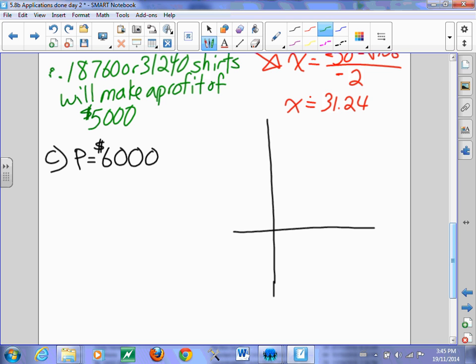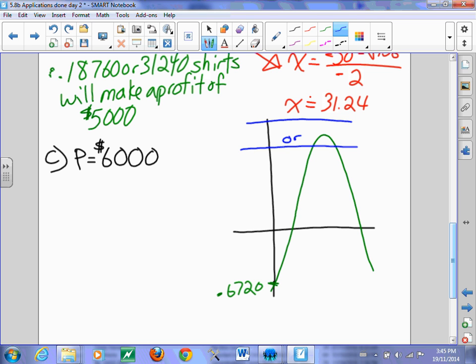It comes from the bottom, comes up and comes down. Okay, we know that's at 6,720 in the negative. Okay, we're not sure when it says 6,000. 6,000 could be here, or we could put a line in and it doesn't intersect. But we'll find out by doing the mathematics. So replace P with 6,000, sub it into the equation.